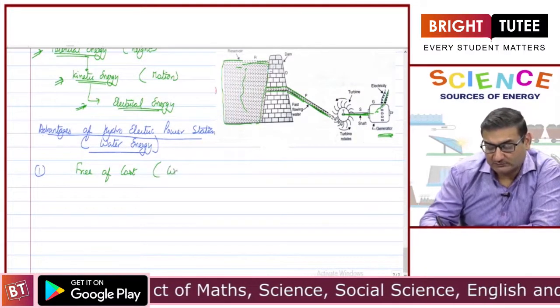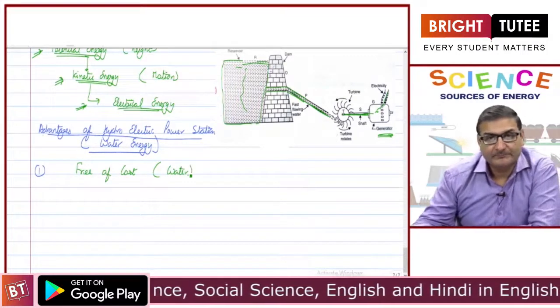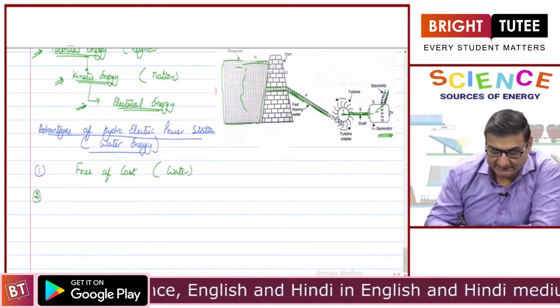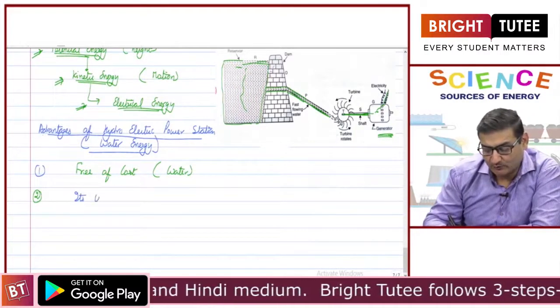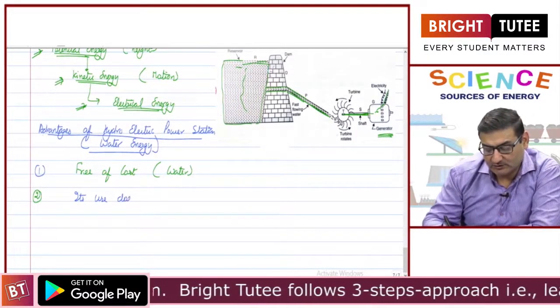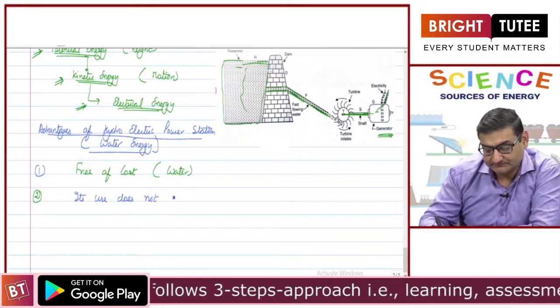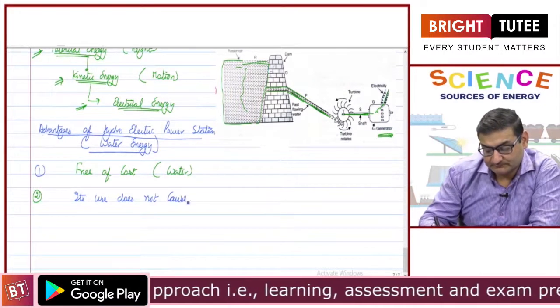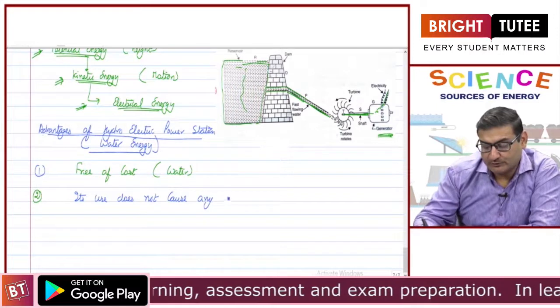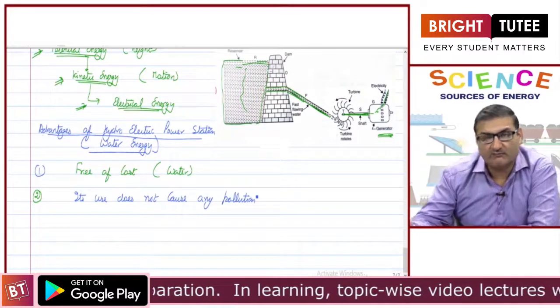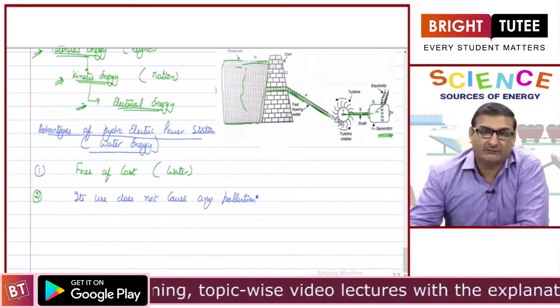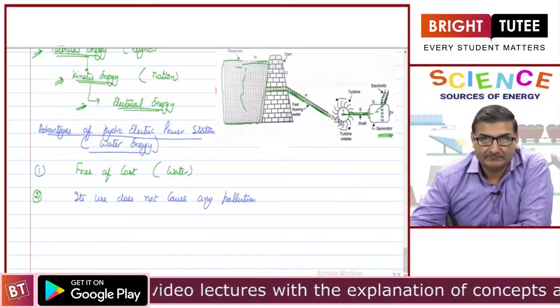Water is free of cost, right? The second advantage that we have is its use does not cause any pollution. There is no pollution caused with the use of storing water or the water flowing at speed, right?